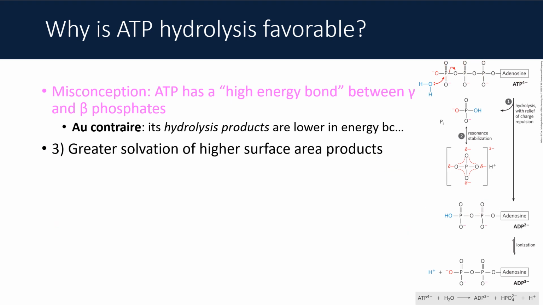The third reason is solvation. By breaking a big molecule in half, we increase the surface area exposed to water. And hydration is usually an exothermic and favorable process, especially when we're dealing with charged entities like phosphate or ADP.